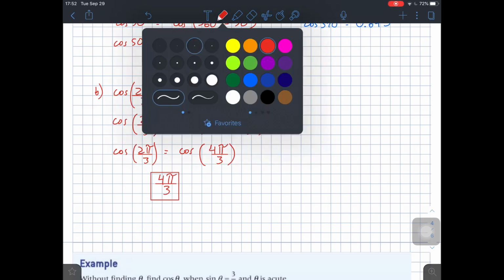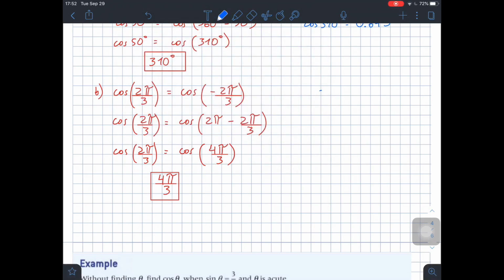So once again, we can check our result by finding both cosine of 2 pi over 3. Remember, calculator should now be set to radians for this. So angle in radians, we're going to write cosine of 2 pi over 3. And I get a value of negative 1/2.